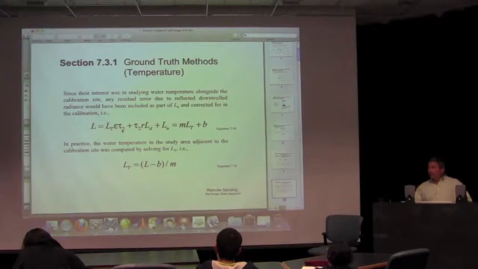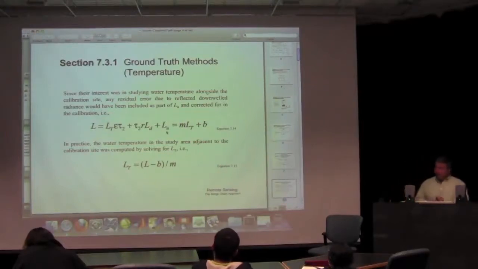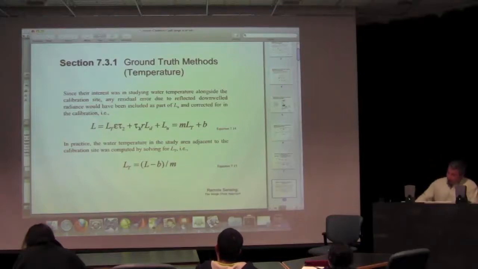But now, since it's not a black body any longer, it has some reflective component to it. So you need to reflect the downwelling radiance, and then propagate that up through the atmosphere to the sensor, and then add in your path radiance. Now again, you can look at that as a simple linear equation, right? Where the energy coming from the surface, LT, over here, and I apologize, terminology isn't really fantastic in the text.